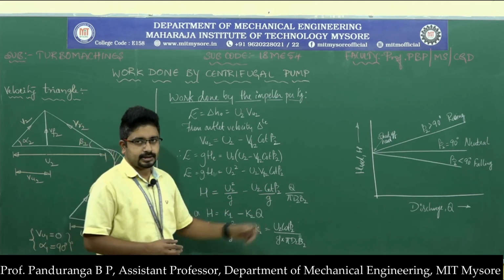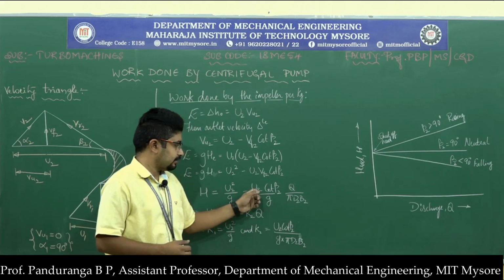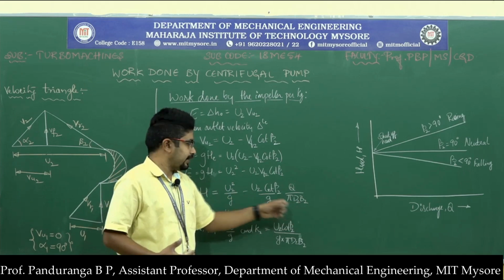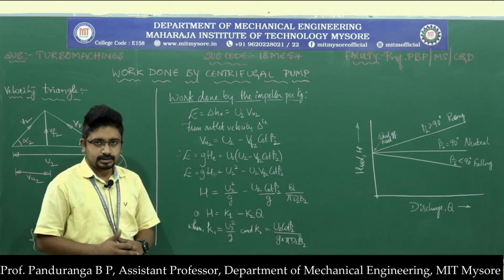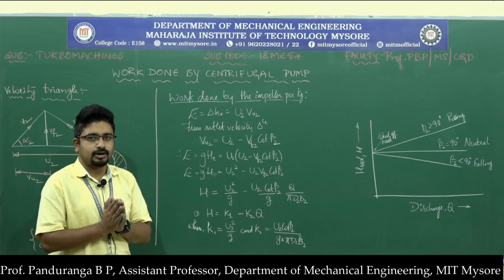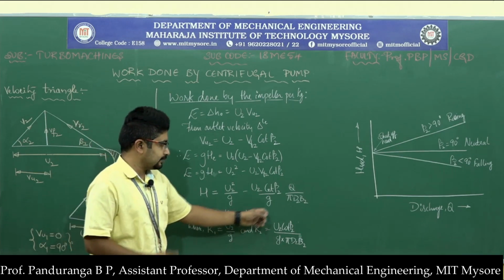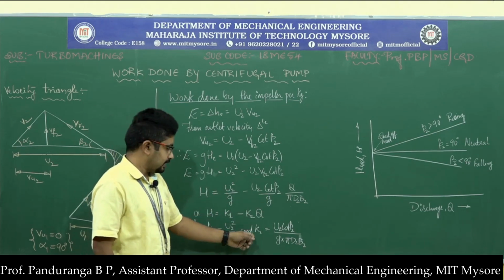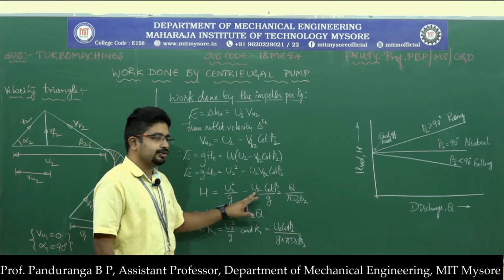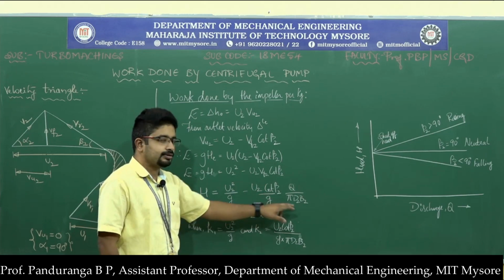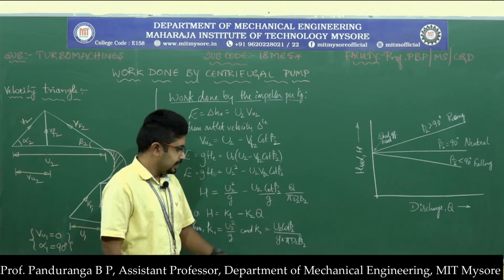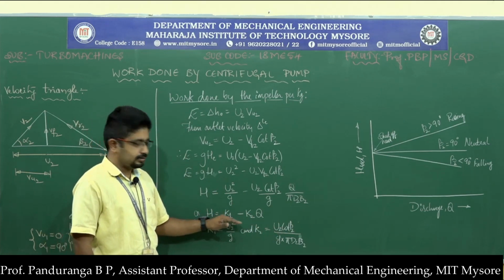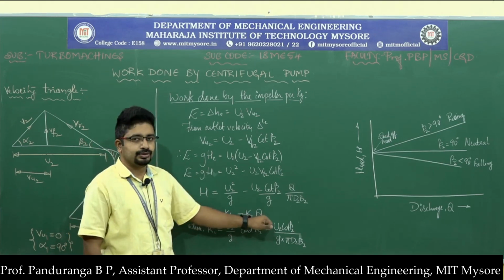G is a constant, and D2, B2 and beta 2 all will be fixed. So I will group them and call them K1 minus K2 into Q, where K1 is U2 square by G and K2 is U2 cot beta 2 divided by G into pi D2 B2. So I will get an equation which is H is equal to K1 minus K2 into Q.